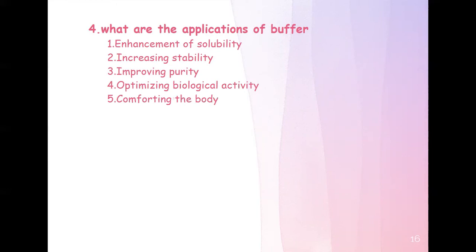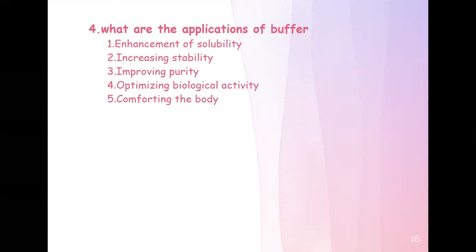then comforting the body. Comforting the body means if you want to prepare an ophthalmic preparation, you need to maintain the pH of your formulation the same as that of your lacrimal secretion. The same will be the case for formulations used for different body cavities. So the formulation should be comfortable to that particular route of administration.